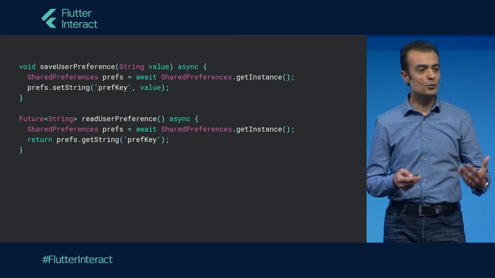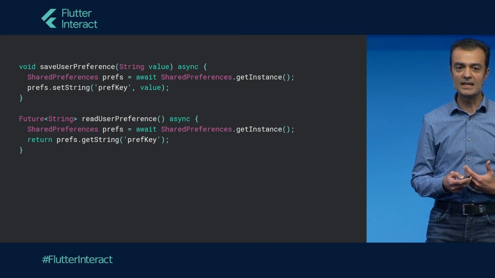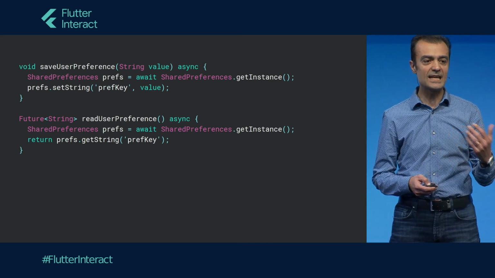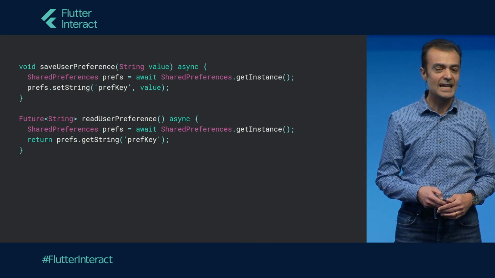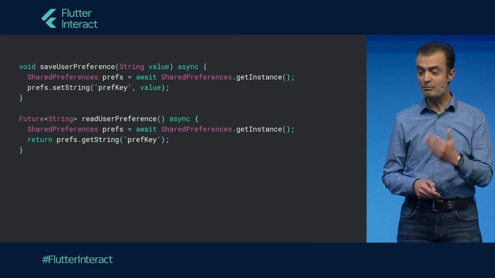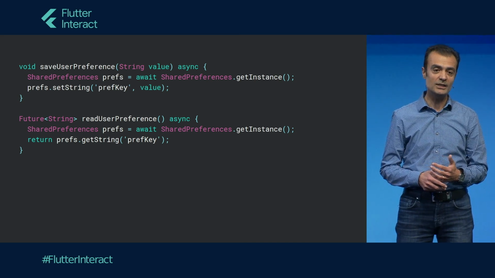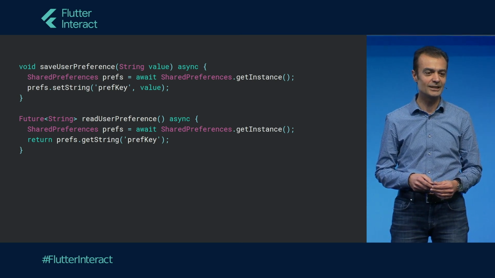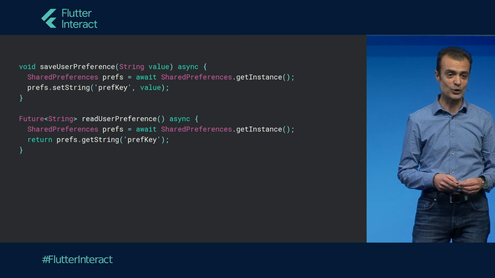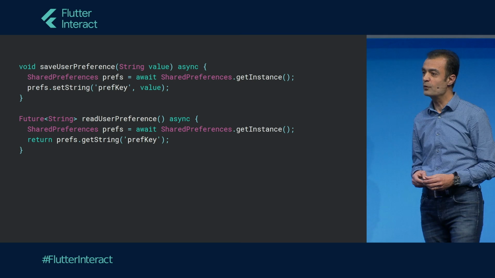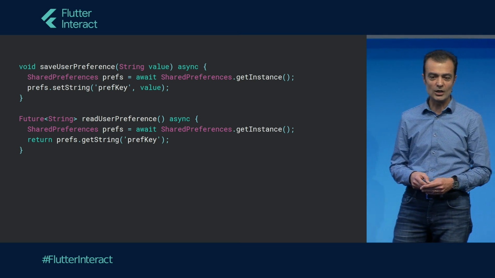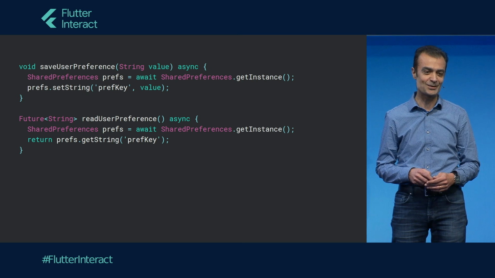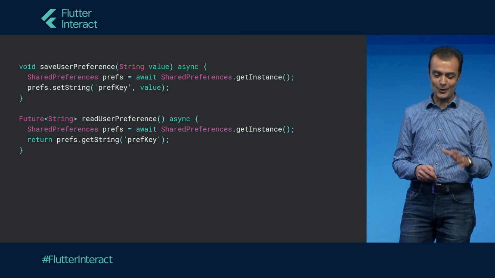If you were building a native iOS app, you would use NSUserDefaults. If you were implementing this in a browser, you would likely use either local storage or IndexedDB to store your settings. And if you are on a Windows desktop, for example, you would use the Windows storage APIs with local settings.